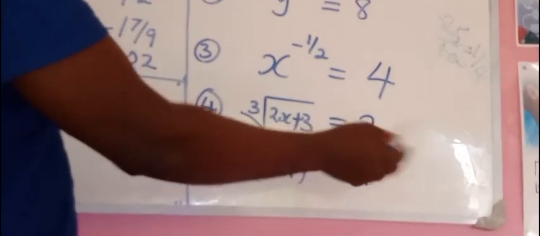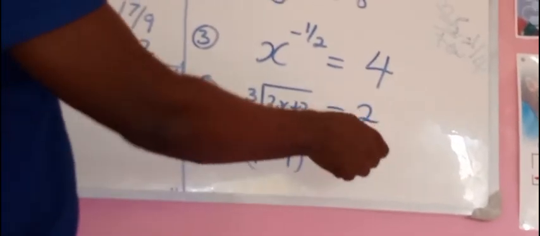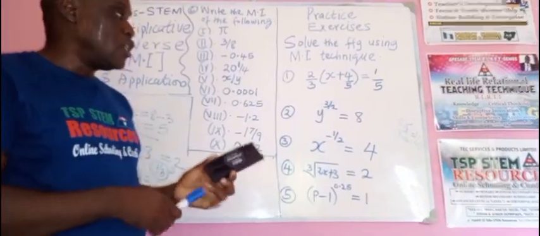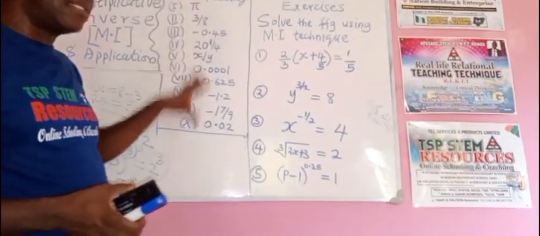Then this one raised to power 4. 1 raised to power 4 is 1. Then you can go ahead and complete that. Then number 6, write the multiplicative inverse of the following. If you follow this lesson properly, you should not have problem solving problem 1 to problem 6. So it is now your responsibility to really solve this out in details.